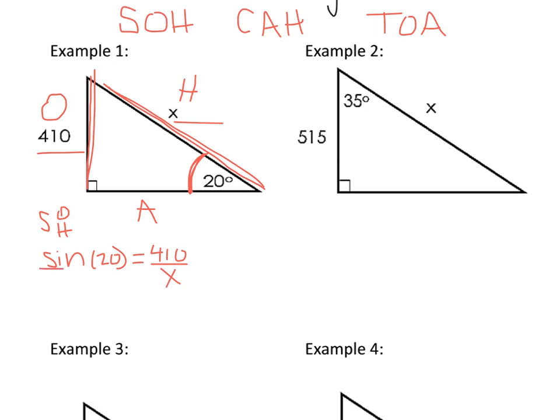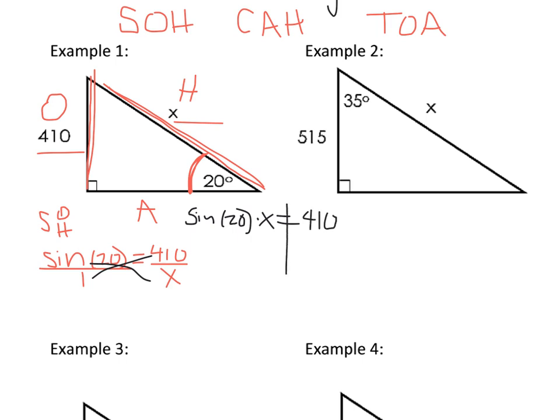Once you get to this point, let's go ahead and put this over 1, so we have two fractions. Now we can just cross multiply. So sine of 20 times x equals 410 times 1, so just 410.